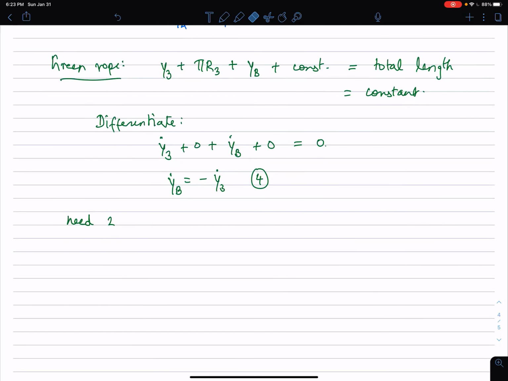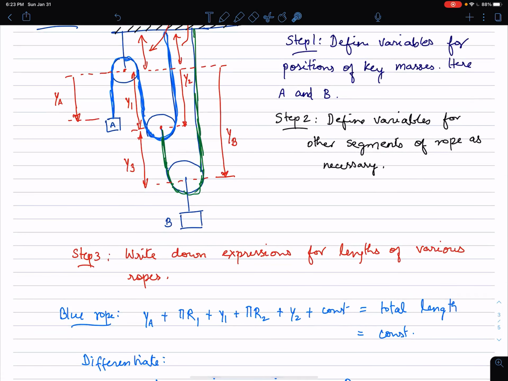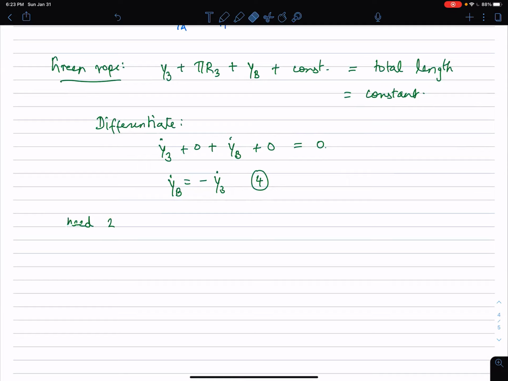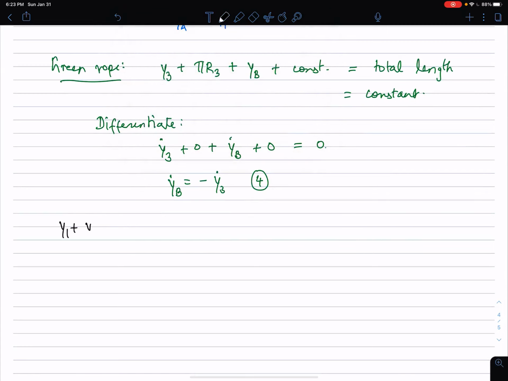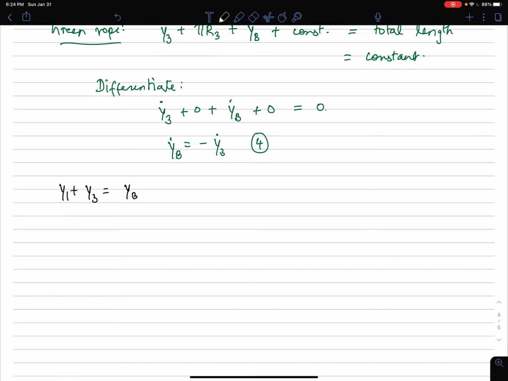So what else do we have? We can relate YB, Y3, and Y2, or Y1. Y1 plus Y3 is basically YB, right? So we differentiate, we get this. So basically this means that Y3 dot equals YB dot minus Y1 dot.